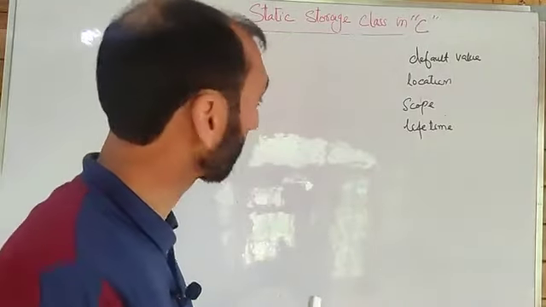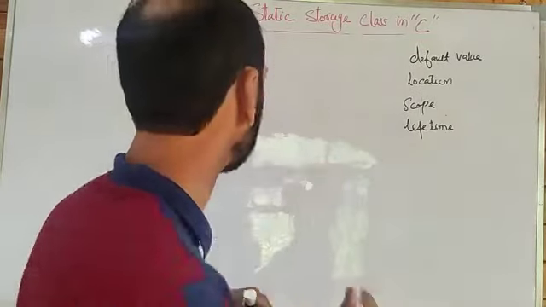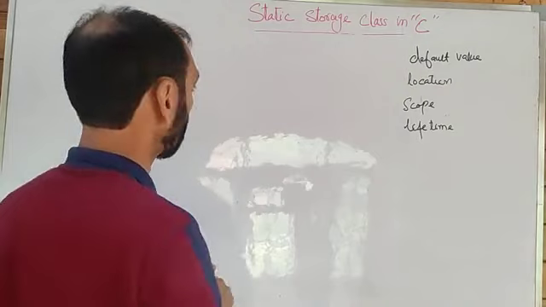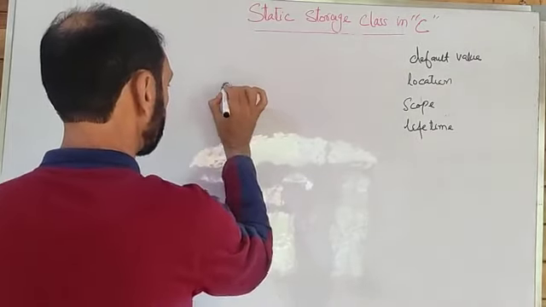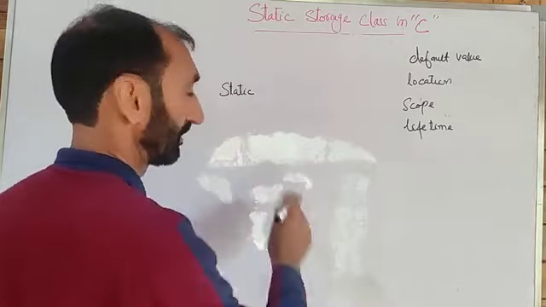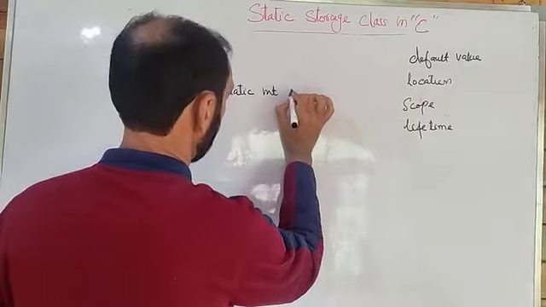first of all, we will see how to declare a variable as static. Simply, we have to write the keyword static here. First, static, then data type of the variable, for example, int, and then name of the variable, x.